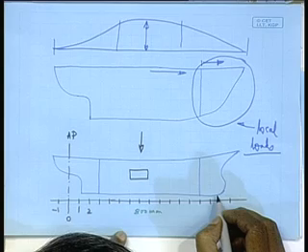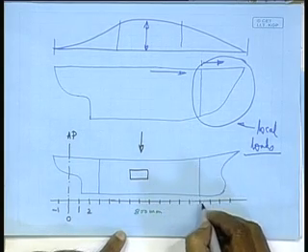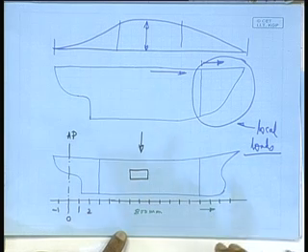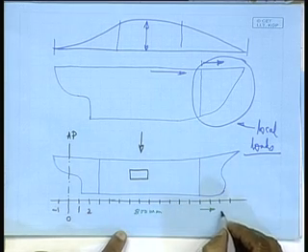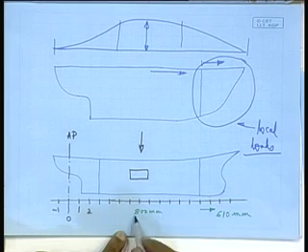Then from the fore peak bulkhead forward, the frame spacing is reduced to 610 millimeter, irrespective of whatever the frame spacing was here.